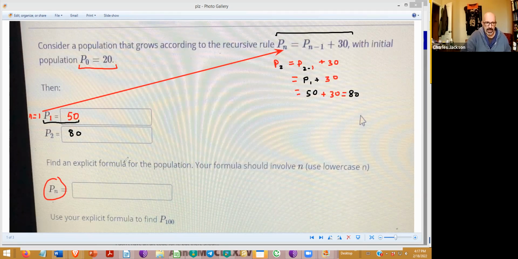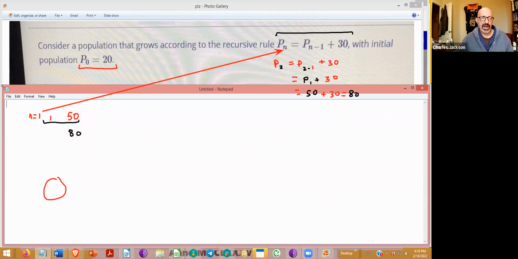Okay. Now that's recursive. That tells you how to get the next term given the previous term. But what we want is an explicit formula for the population, which is different. That's not, okay, here's what happened the previous time. What happens this time? It's inputs and outputs.